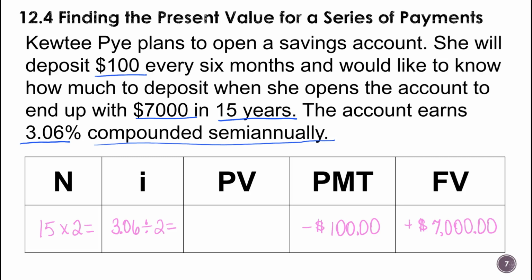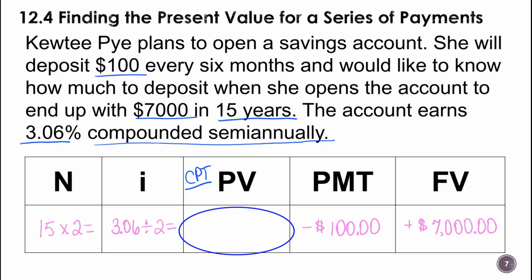We need to know how much she is going to put in the bank. Let's see, where does it say? How much to deposit when she opens the account, as well as making that $100 payment every 6 months. Okay, so we're going to compute present value, and that's going to tell us how much to deposit in this account so that she can end up with her $7,000 at the end of this period.